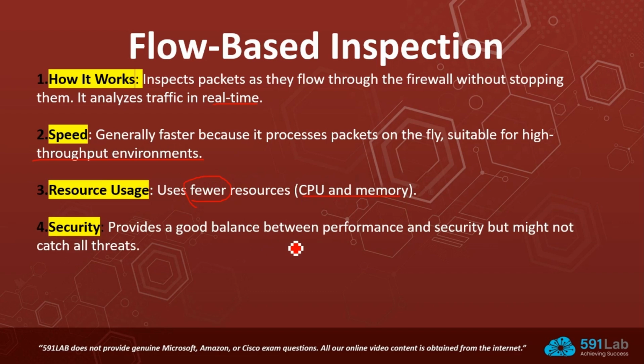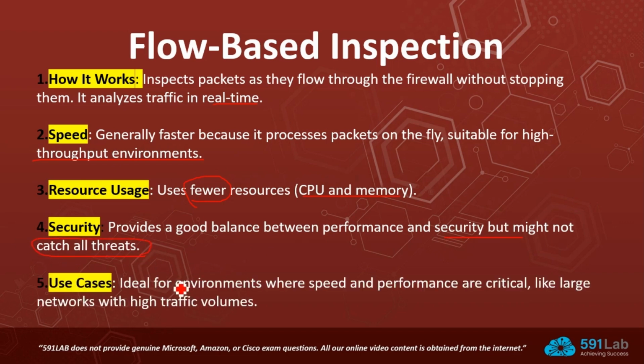It provides a balance between performance and security but might not catch all the threats. So it's ideal for environments where speed and performance are critical, like large networks with high traffic volumes.